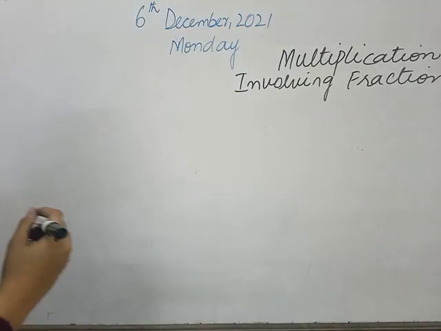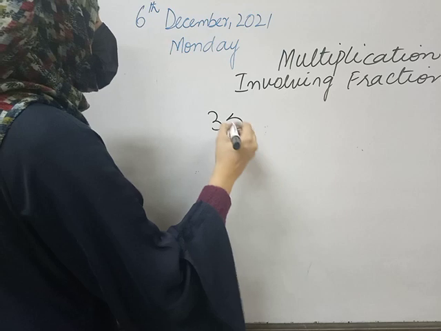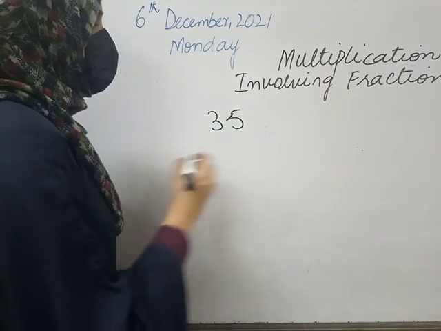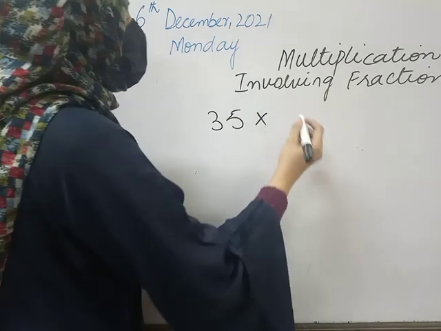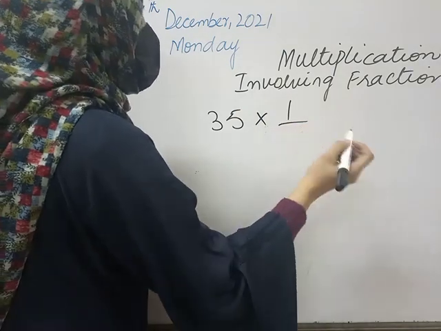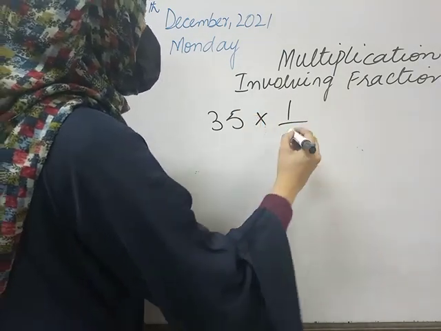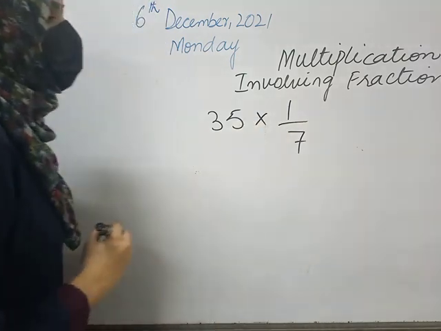So first of all, I have a whole number which is 35, and there is a sign of multiplication. Then I have a fraction which is 1 by 7.